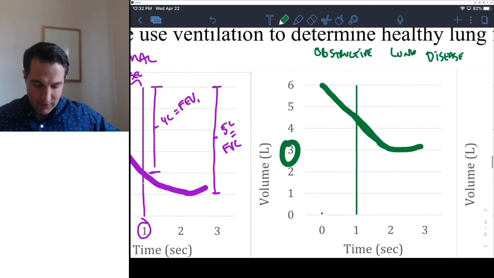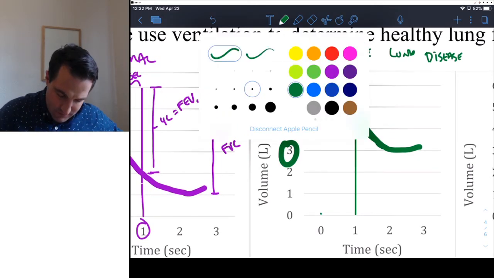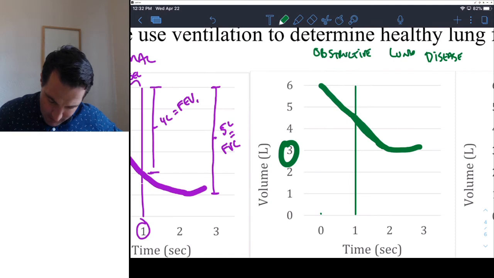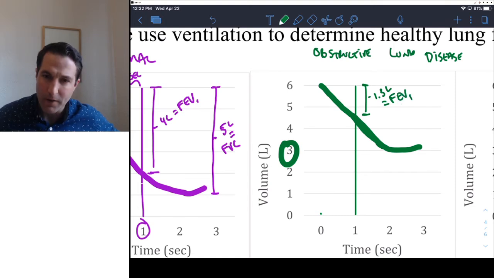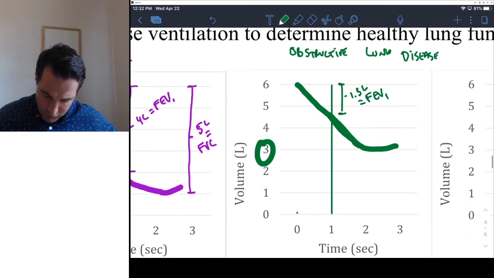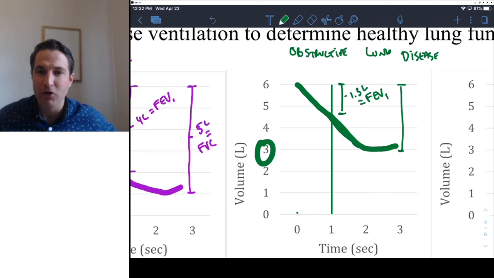So let's do the math here and figure out what the difference is. If we look at this first second, we're here to about here. And I'm going to say that's about 1.3 liters equals our FEV1. But if we look at the total amount right here, we can see, okay, well, they went a little bit below that 3.